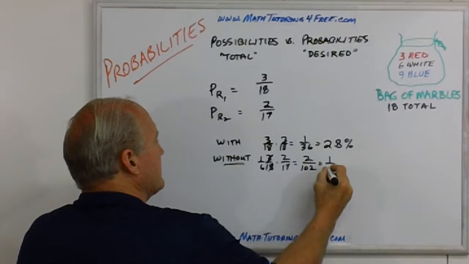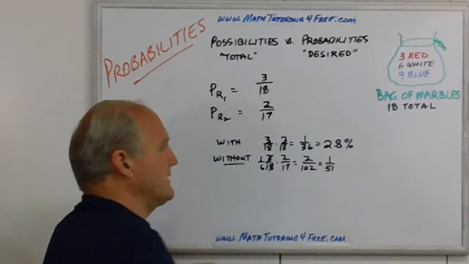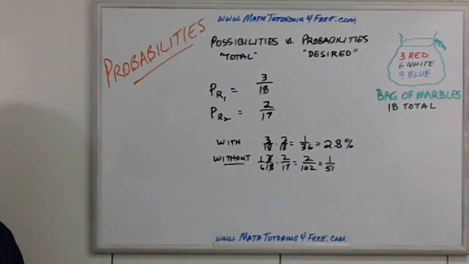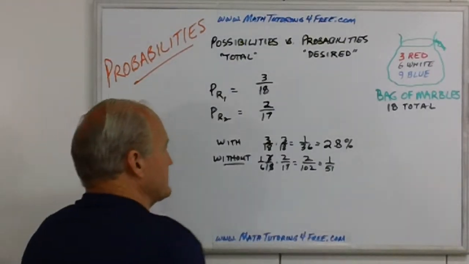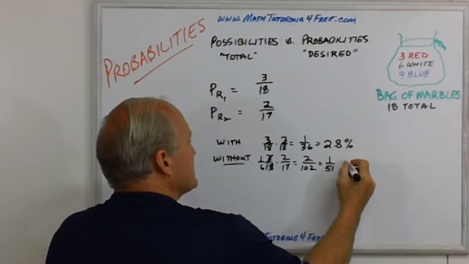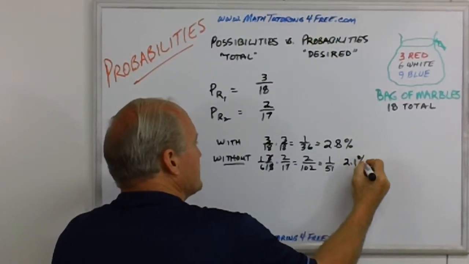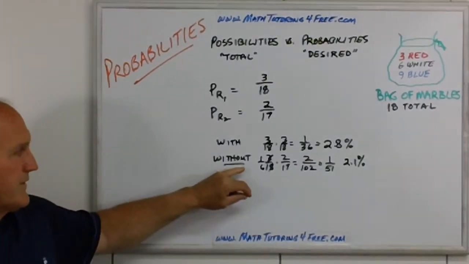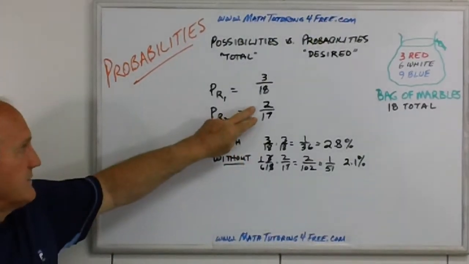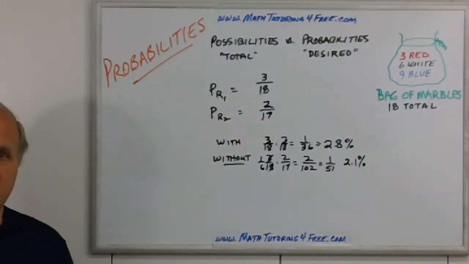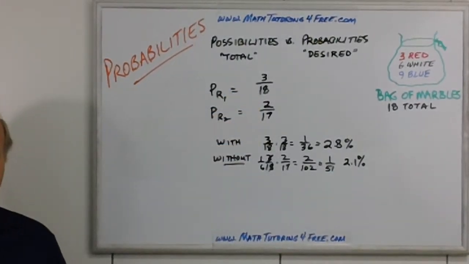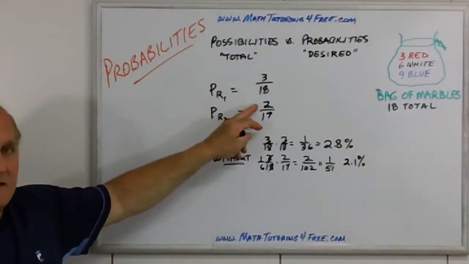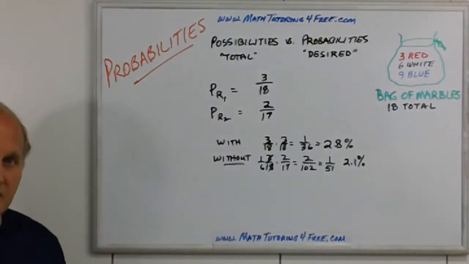We reduce that down to 1 over 51. And I hope you can see that that's just a little over 2%. So let's call it 2.1%. Okay? Without replacement, that goes down fairly significantly, because we've got, first of all, fewer red ones, and we've got fewer marbles altogether.